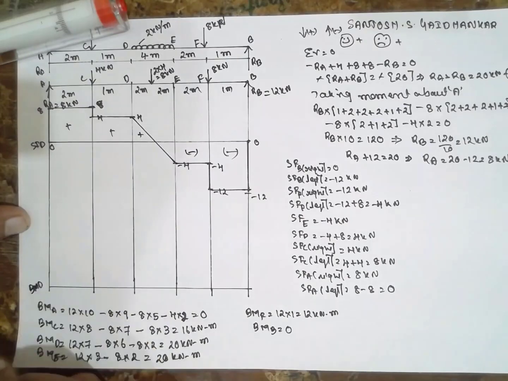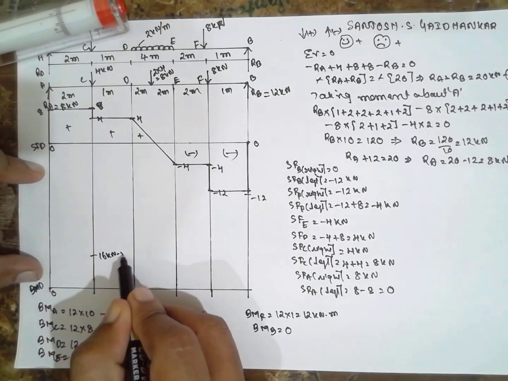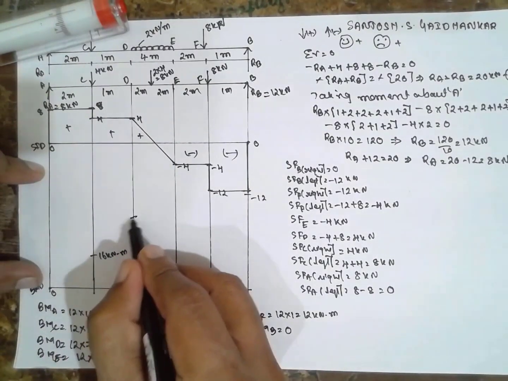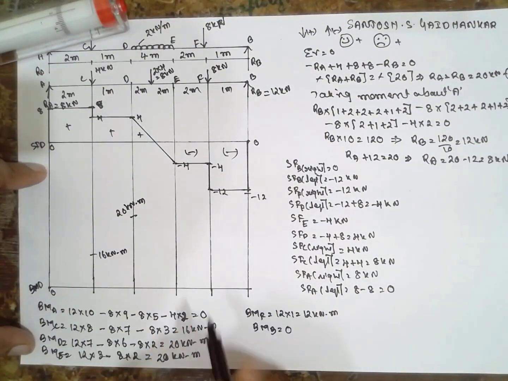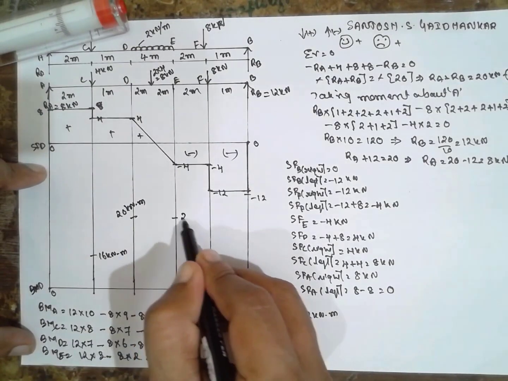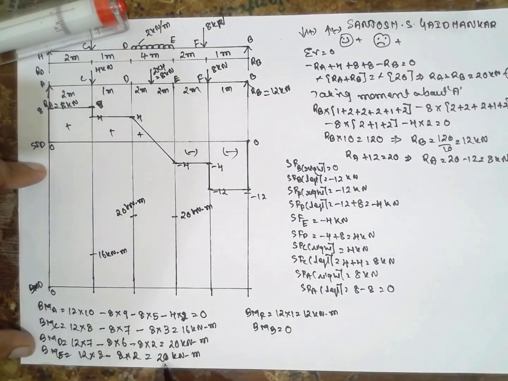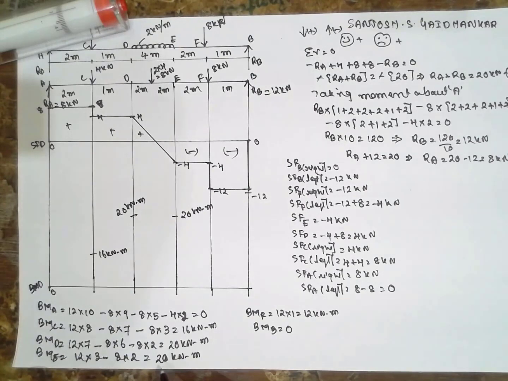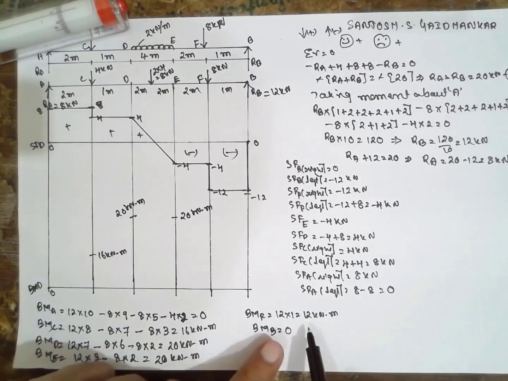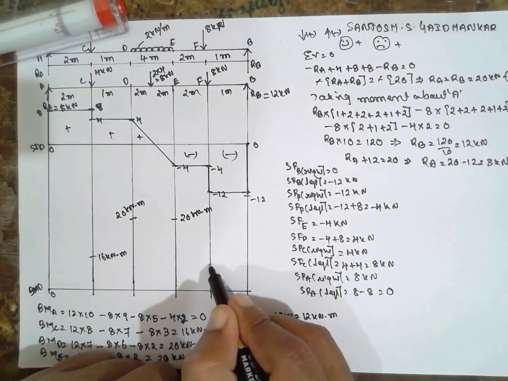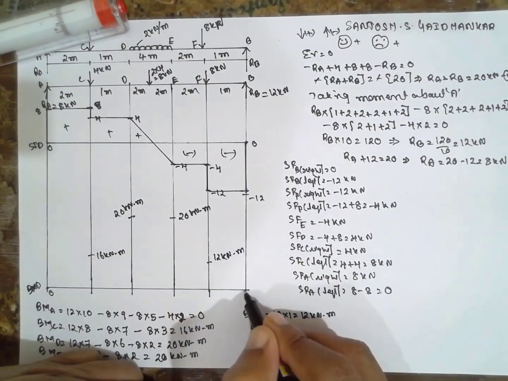BMD: at A it is 0, at C it will be 16 kilonewton meter, again 20 kilonewton meter, next again 20 kilonewton meter, at E it is 20, then at F it will be 12, a little bit below the 16, 12 kilonewton meter and 0.